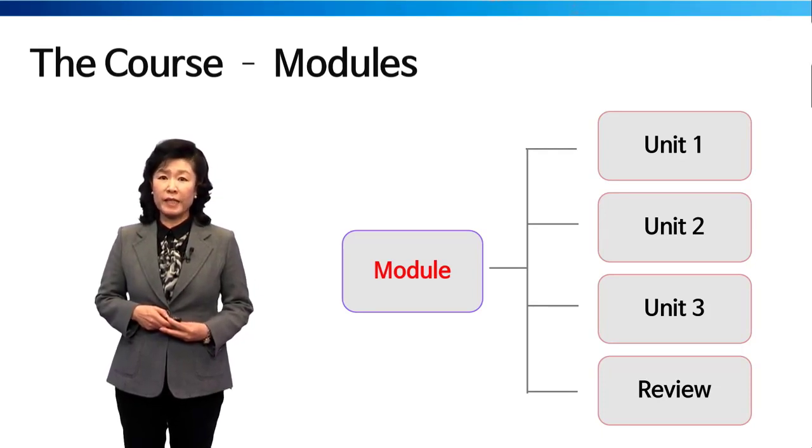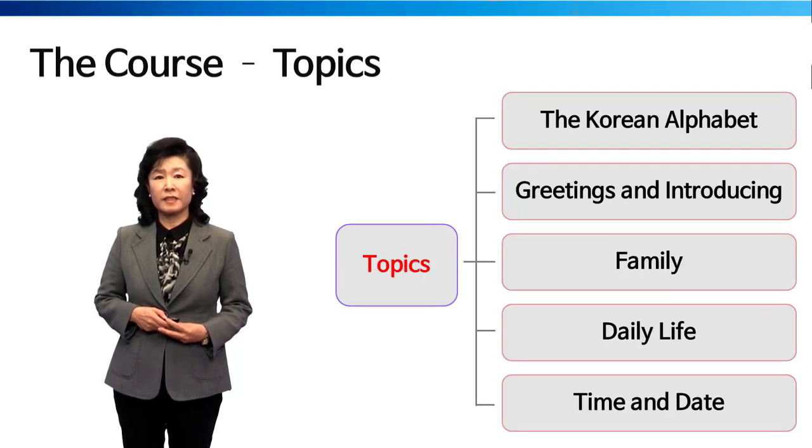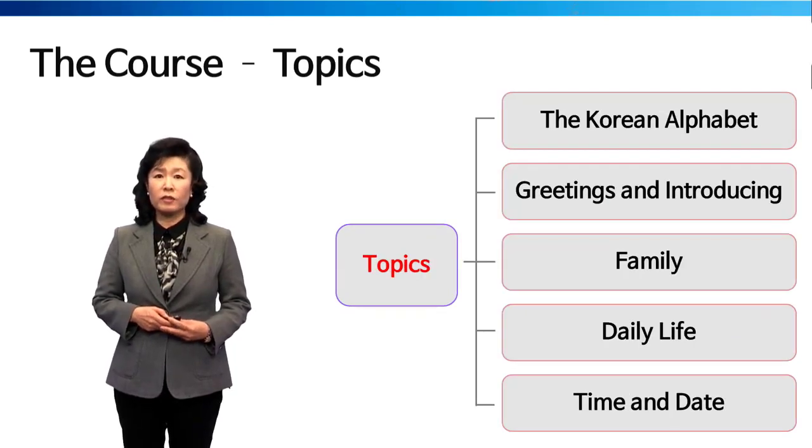The 4th unit in every module is a review session to go over all the things learned in the previous 3 units. Each module covers topics including Korean alphabet Hangul, greetings, family, daily life, time and date, and so on.